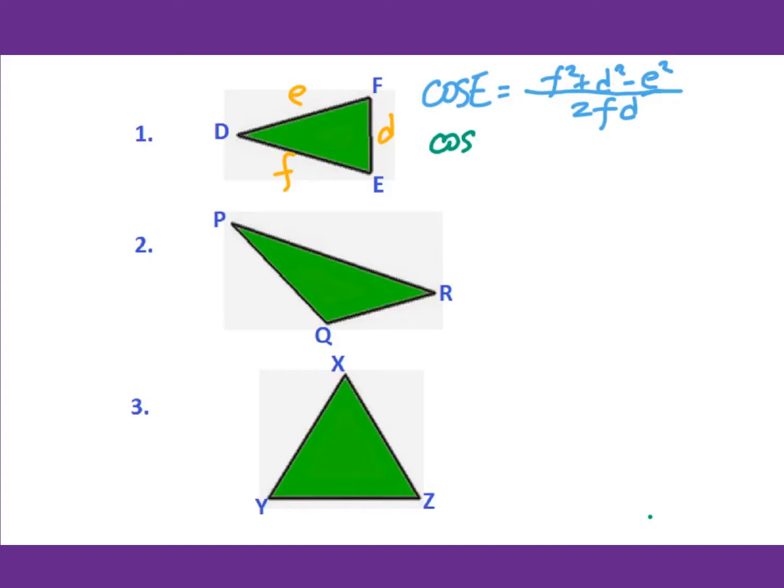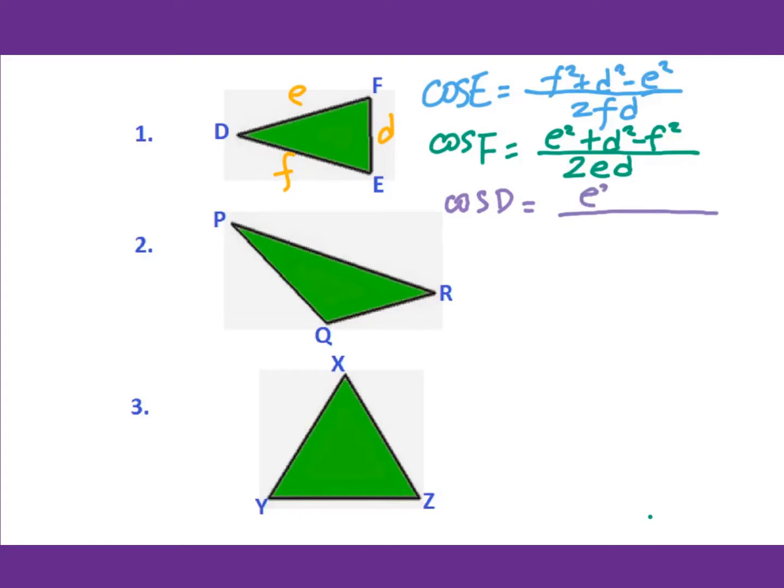For cosine F equals e squared plus d squared minus f squared all over 2ed. For cosine D equals e squared plus f squared minus d squared all over 2ef.